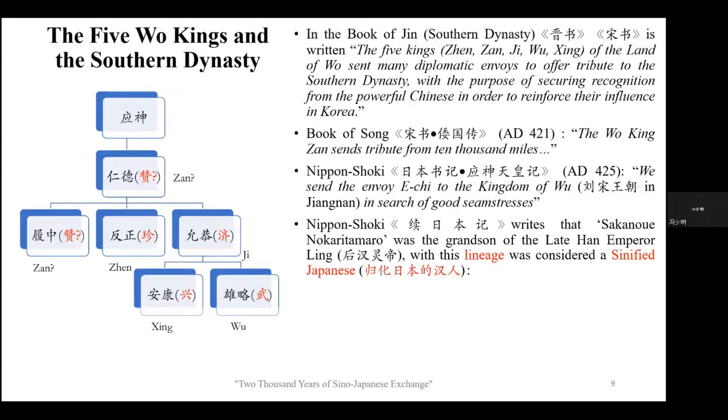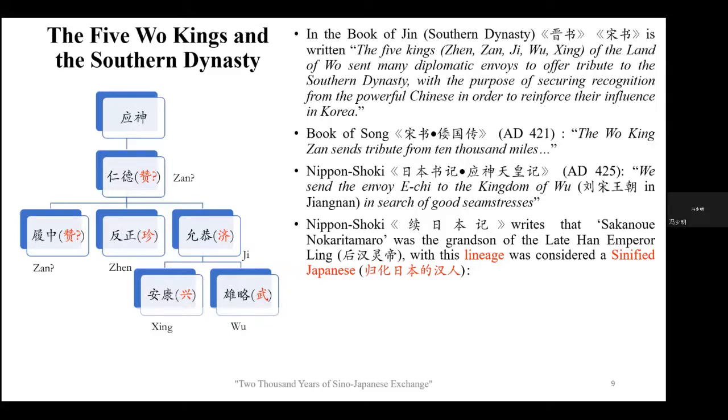This is important. There are many historical records in China as well as in Japan, especially the Nippon Shoki, which stated that a lot of envoys were sent to the Chinese kings.